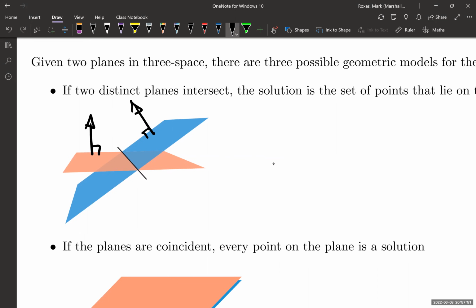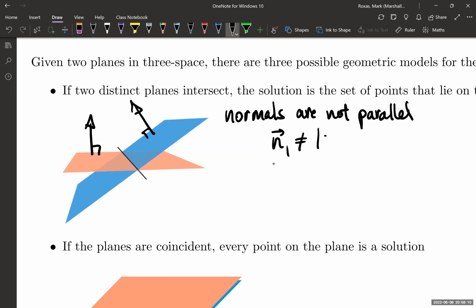we can see here that these normal vectors are not parallel. So we're just going to make a note of that. The normals are not parallel, okay? So in terms of notation, we can say one of the normal vectors is not equal to a scalar multiple of the other normal vector.